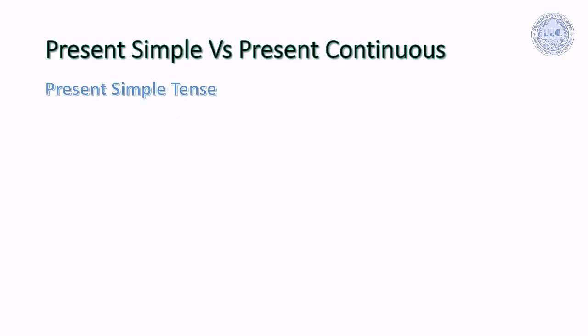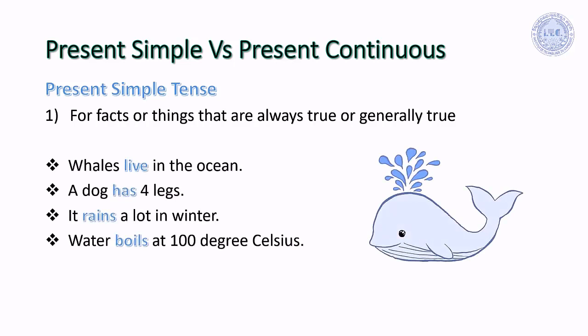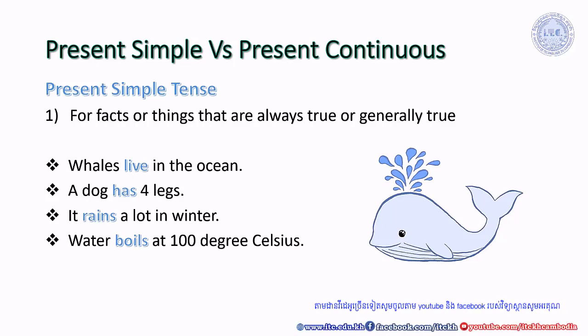Present simple tense. We use present simple tense for facts or things that are always true or generally true. For example, whales live in the ocean. This is a fact. This is always true. A dog has 4 legs. This is generally true.